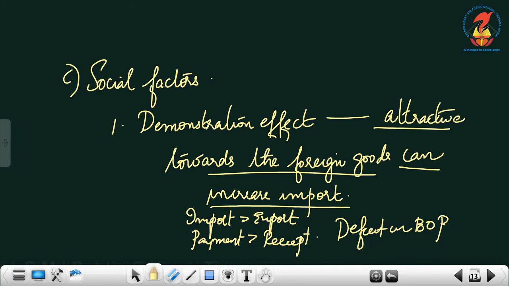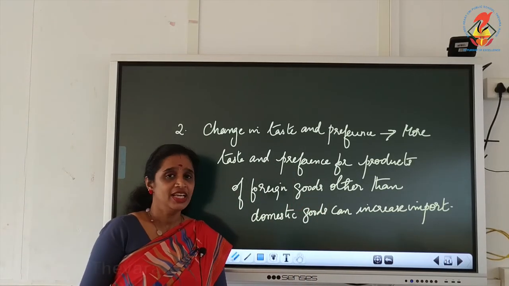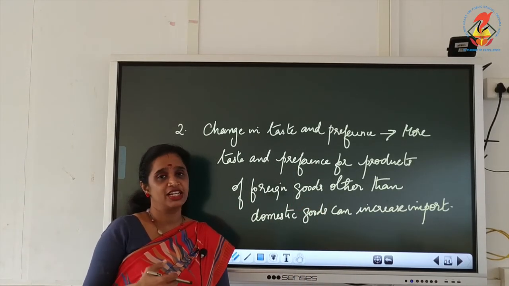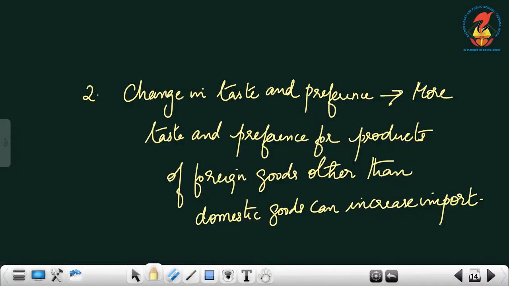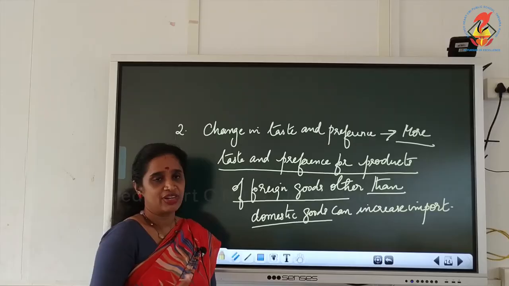The second social factor is change in the taste and preference. If the taste and preference of the Indian people is towards the foreign goods, definitely they will depend on the imports. If Indian people have more taste and preference for foreign goods than the Indian products, what will definitely happen?